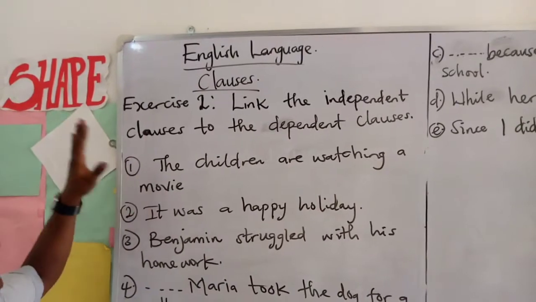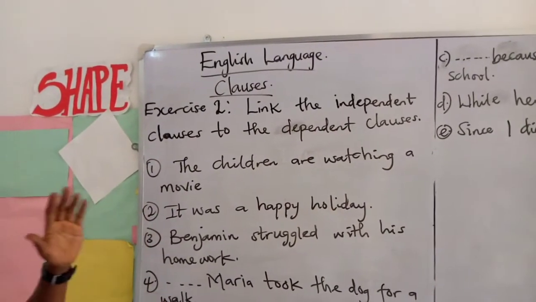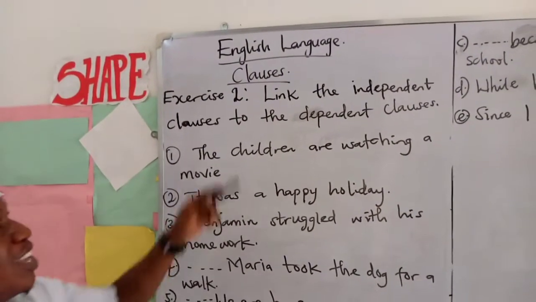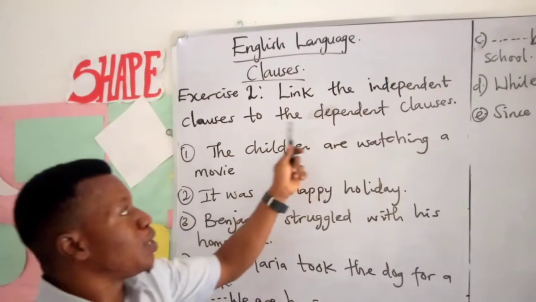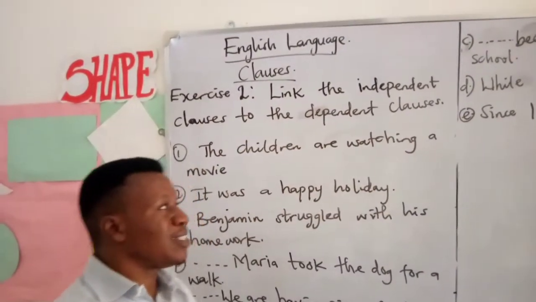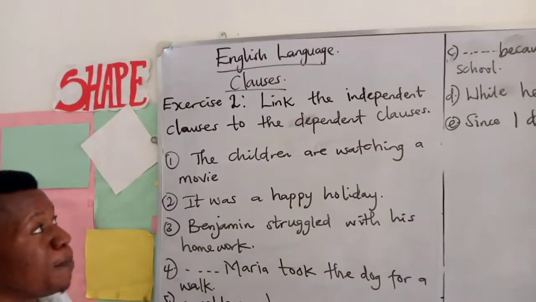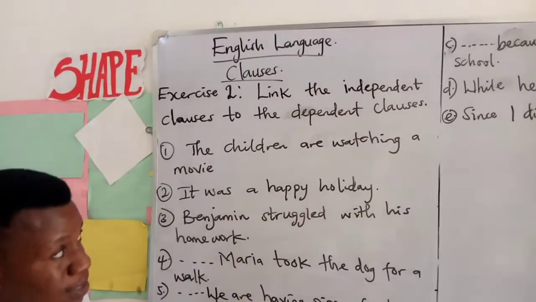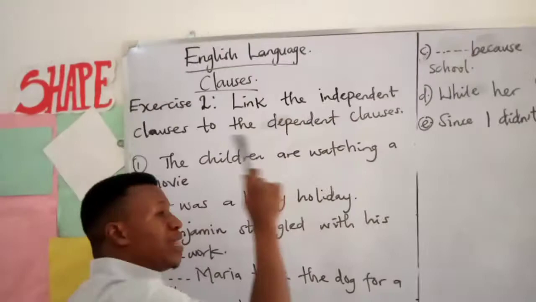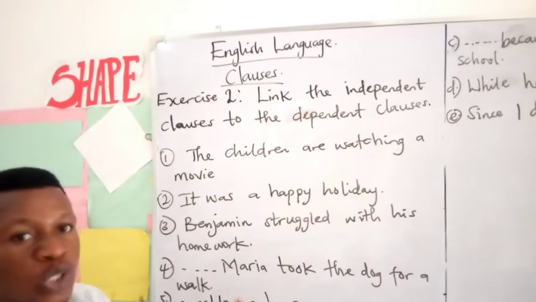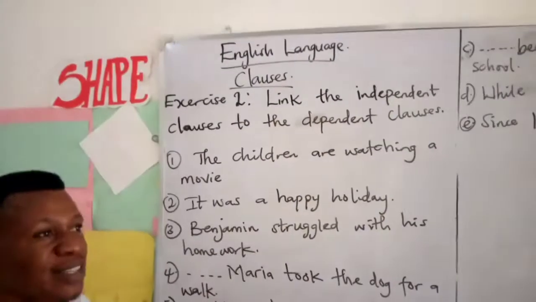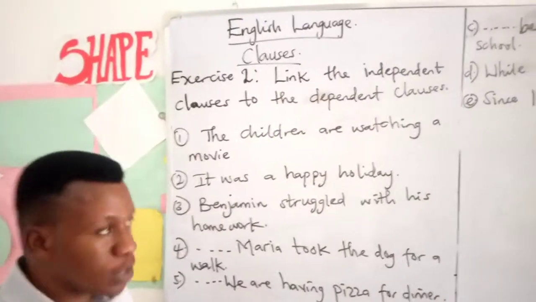This is exercise 2, and here we are asked to link the independent clauses to the dependent clauses. It's very easy. Remember I told you about independent clauses. I said independent clauses can stand on their own. They express complete thoughts.